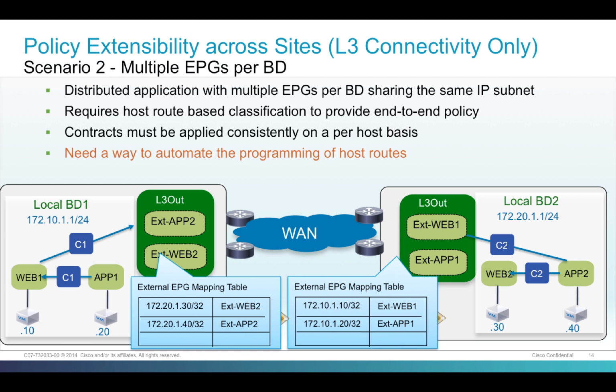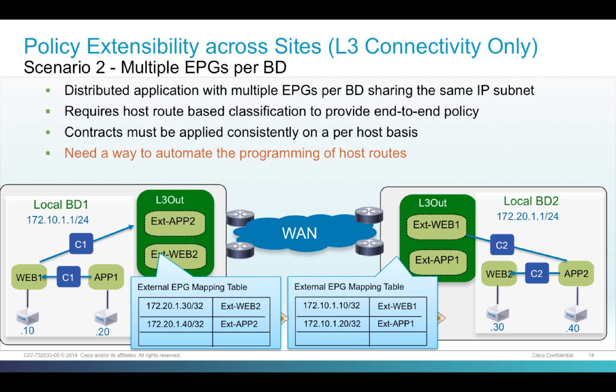Now, if both of those VMs are part of different endpoint groups but are on the same subnet, the classification of the traffic when it reaches data center 2 has to be done on the basis of host routes. So they have to be /32 routes. This becomes really complex because it requires you to constantly change and update those /32 subnets on the remote side. It's impractical to even consider.